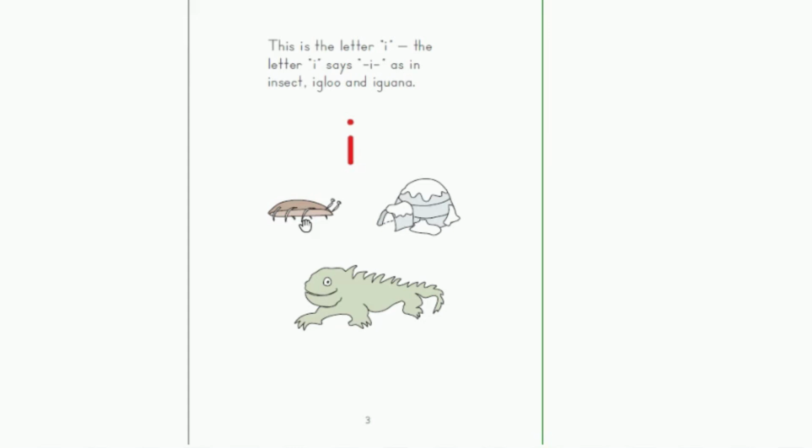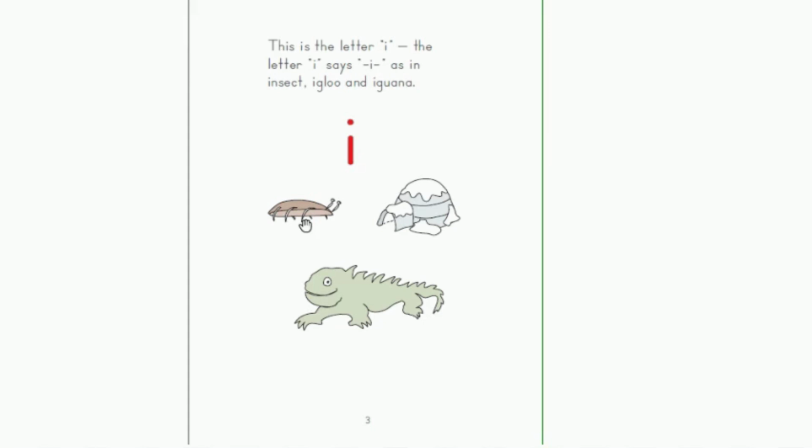Insect. I says, what is the sound of I? Insect. I says igloo. I says E. Iguana.